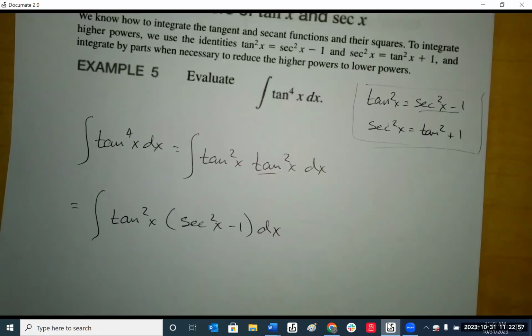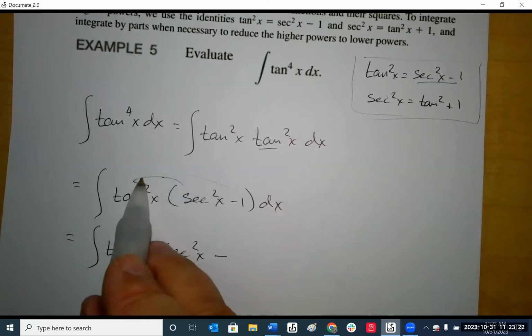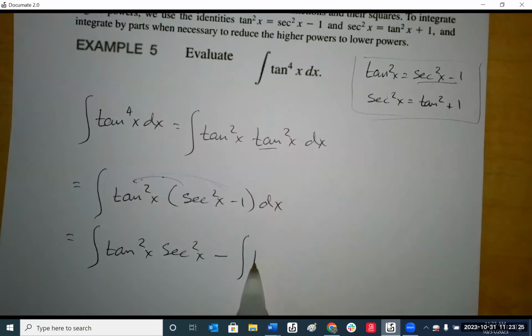The reason being because we have to split them up and make them into smaller integrals that will be easier to integrate. All right, so let's distribute. We have tangent squared x times secant squared x minus the integral of tangent squared x. These are both with dx.